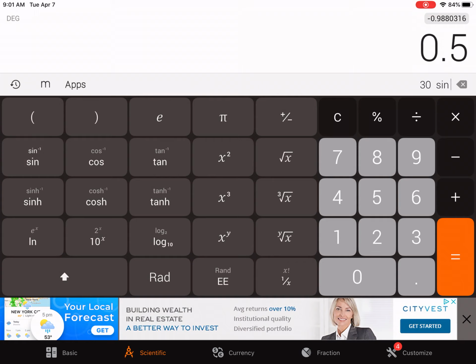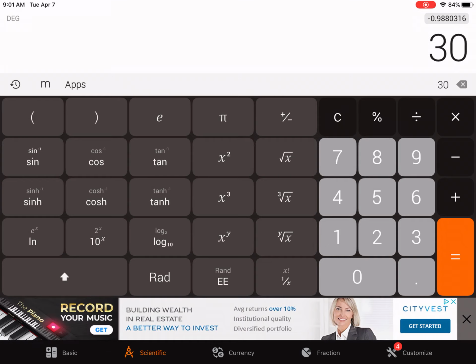All right, and there we go. That was weird, guys. So make sure you have it not radians but degrees. Maybe I typed it in before I switched it. It says DEG up in the top. Go to 30, then I hit sine, and I get 0.5, just like I'm supposed to.